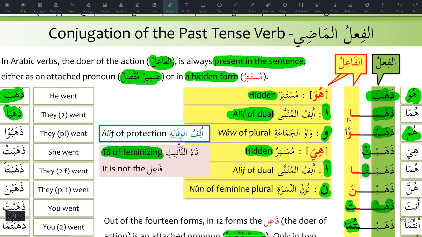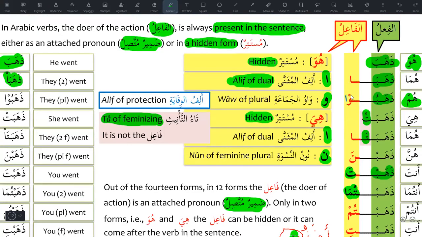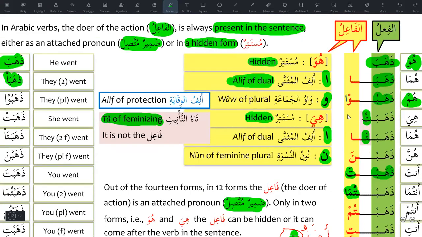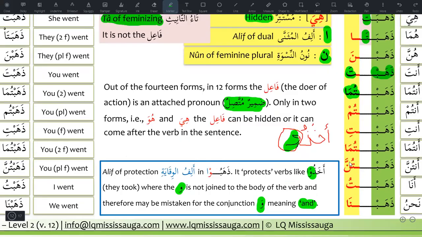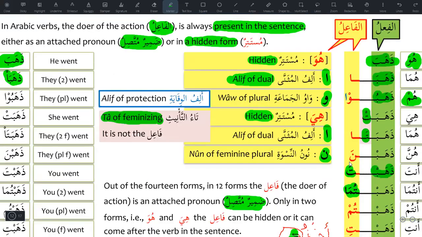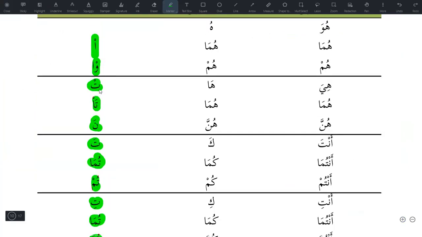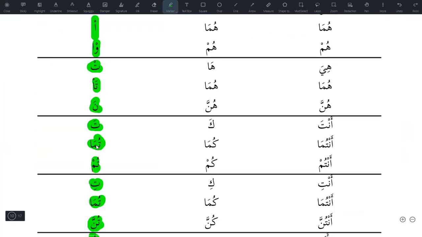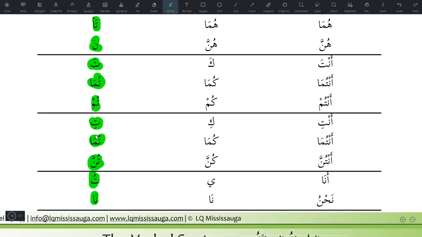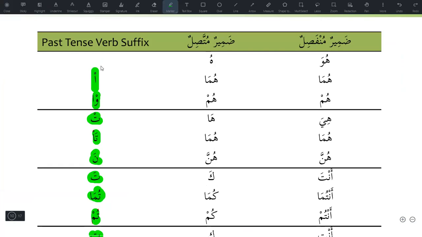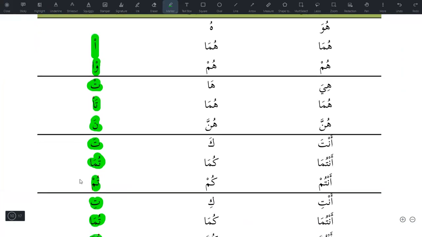So you note here all these suffixes we added here: alif, waw, alif, noon, ta, tuma, tum, ti, tuma, tunna, tu, na. All these suffixes are the same. So you have to memorize this one.